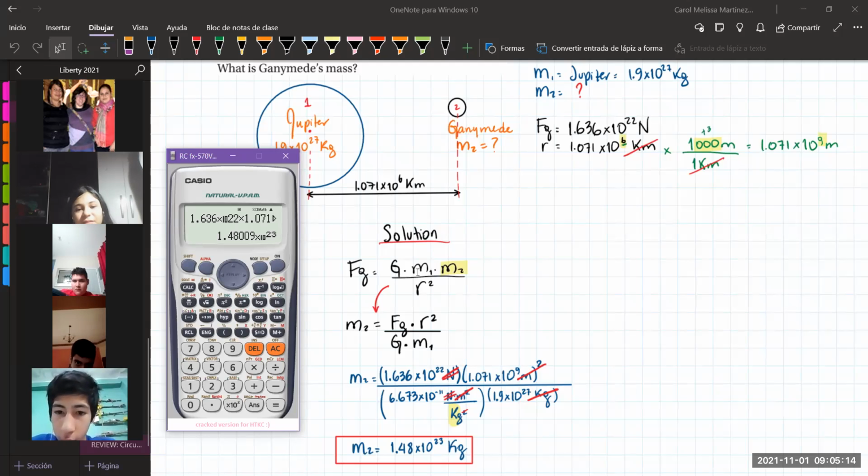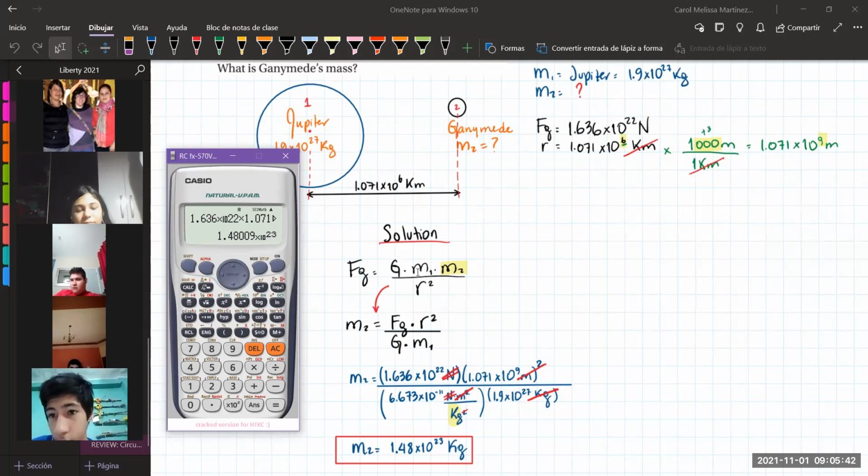If you were looking for the other mass, for example, Jupiter's mass, it is going to be mass 1 equals Fg R squared divided by G times M2. That will be the equation. Just exchange the subscripts.